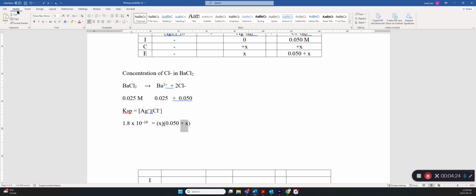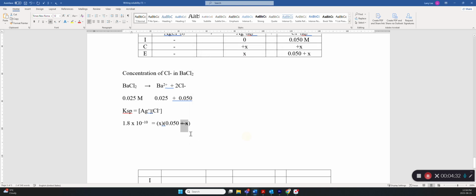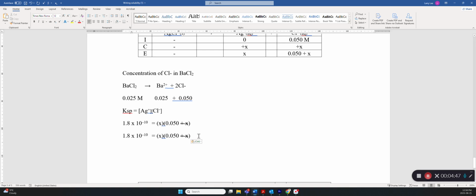Let's strike this out, because we're making an assumption that X is really small. And we get a very simple equation.